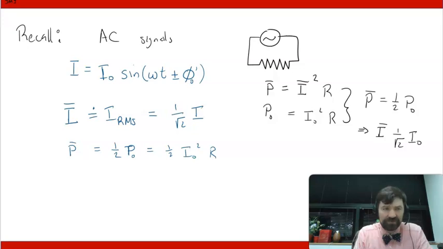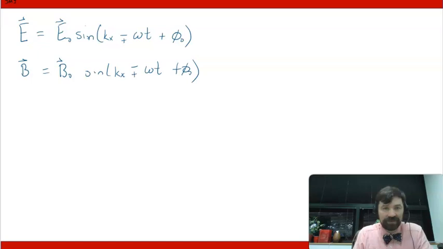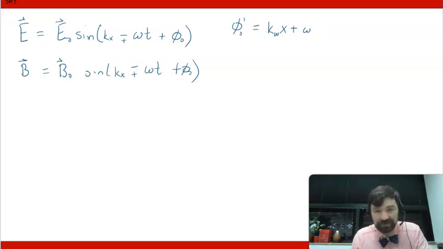And the reason why that matters is because my kx, so phi naught prime, could be equivalent to k_w times x minus or plus phi naught. And so this whole thing is just phi naught prime plus or minus omega t.